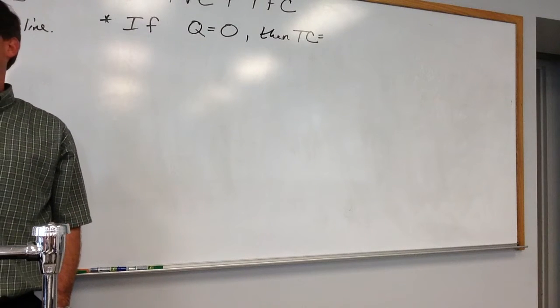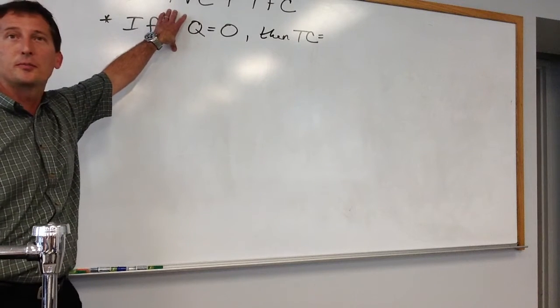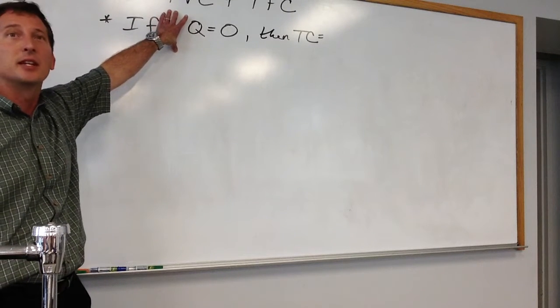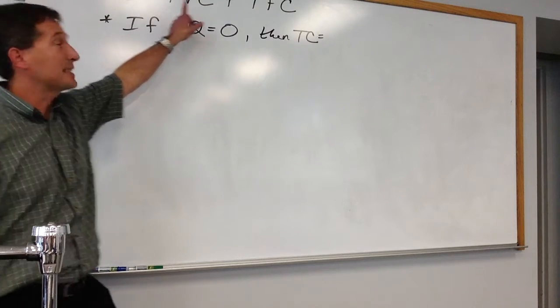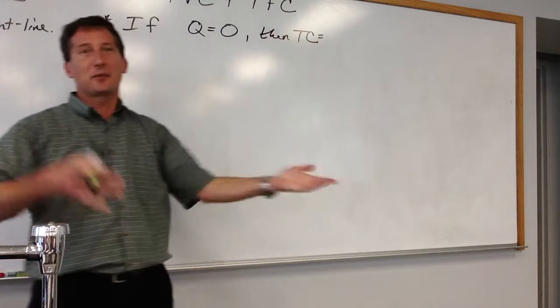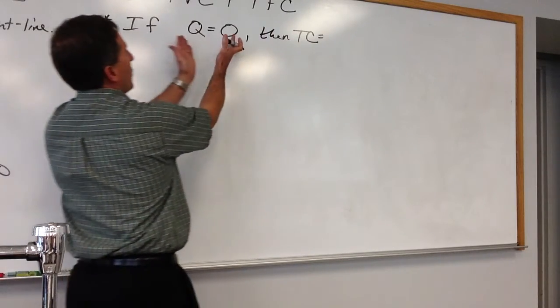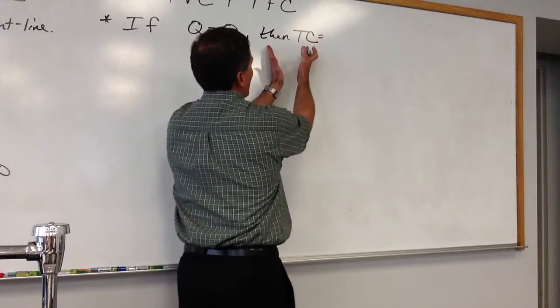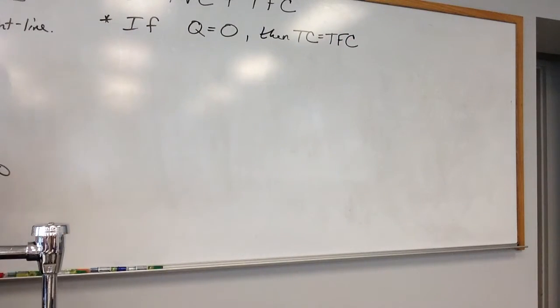What's that? Fixed cost. Right. So if I choose to be closed on Sundays in reverence for the Lord Jesus Christ, I still have to pay my rent that day. I still have to pay my insurance bill. I still have to pay this. I still have to pay that. So if quantity equals 0, then total cost equals total fixed cost. You still have some payments to make.